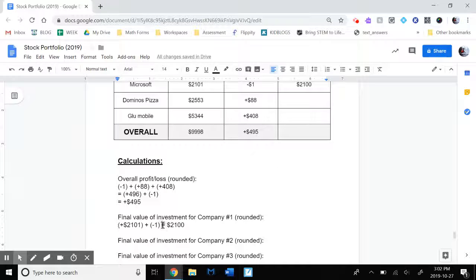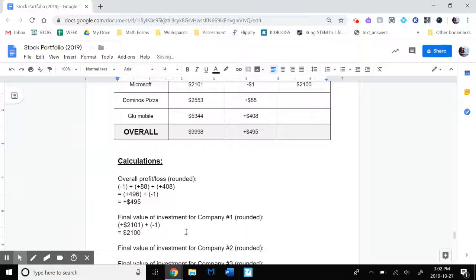And for company 2, they started off at positive 2,553, and they gained 88.